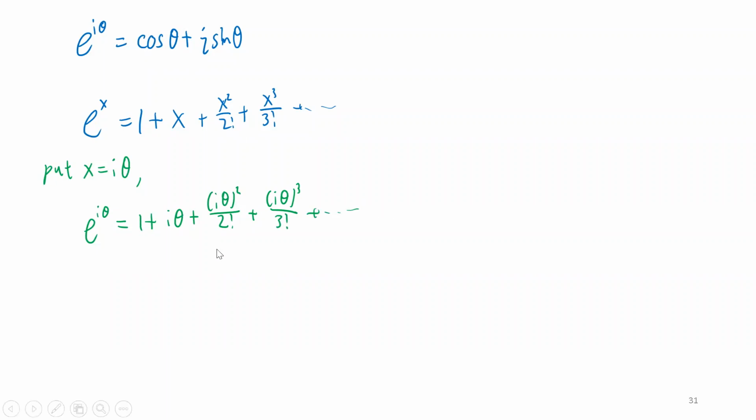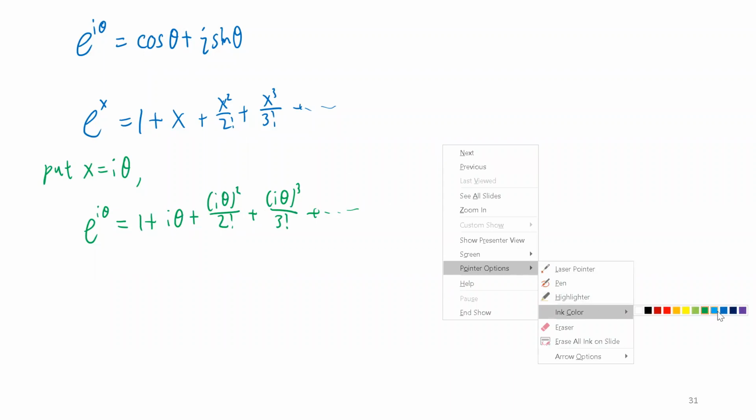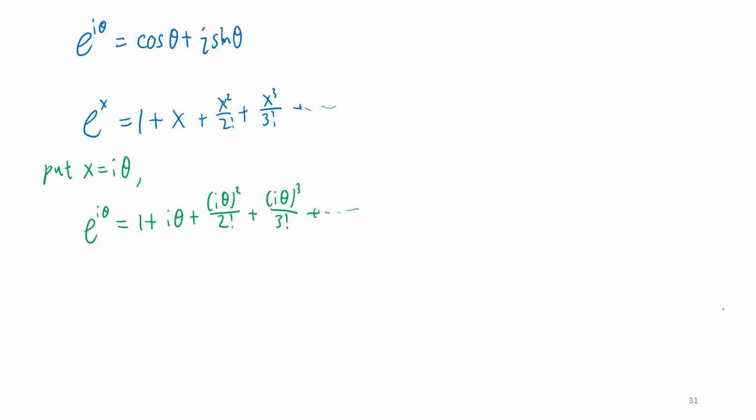Over here, you can see that we have i in every term except the first one, but it's i to some power. If I have i to the power 1, it's of course just i itself.